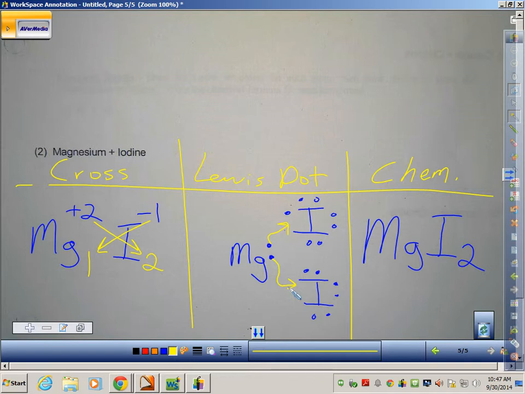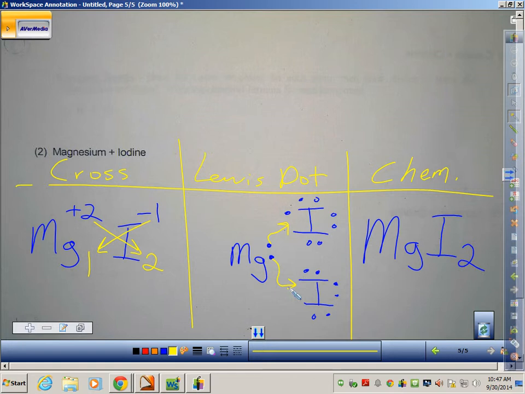No. Shouldn't be. Now here's the conceptual question. Looking at the periodic table, would I ever have 2 things with a negative oxidation number bonding ionically? No. Opposites attract.